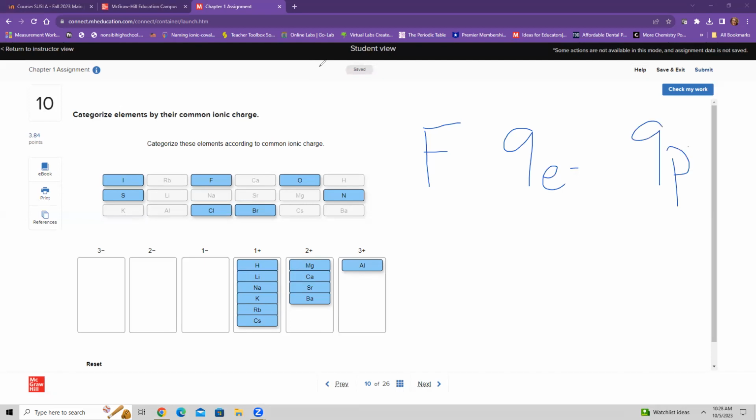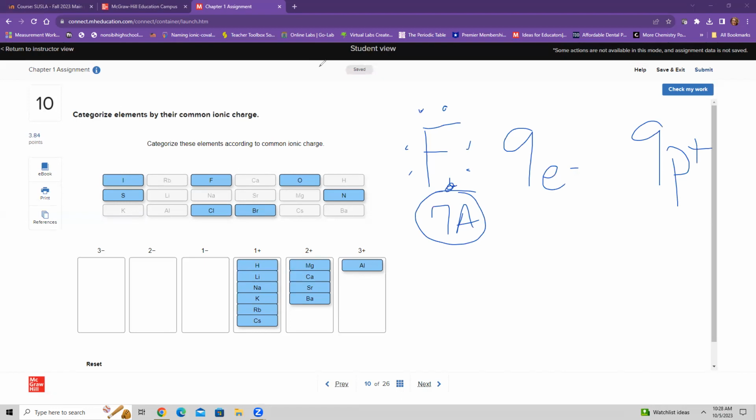And fluorine is also in group 7A, which indicates that you have 7 electrons on the outer side of this guy. So this is the one lonely one.